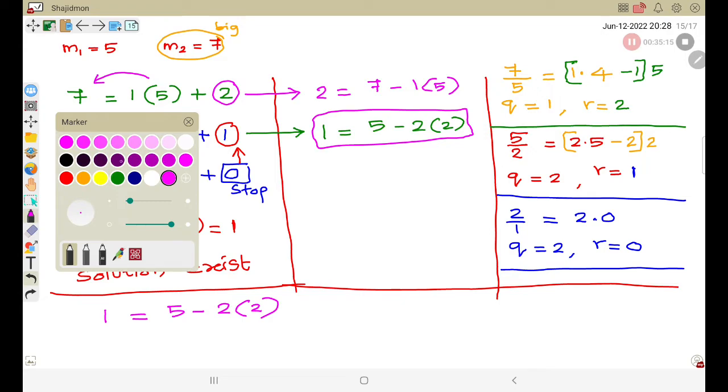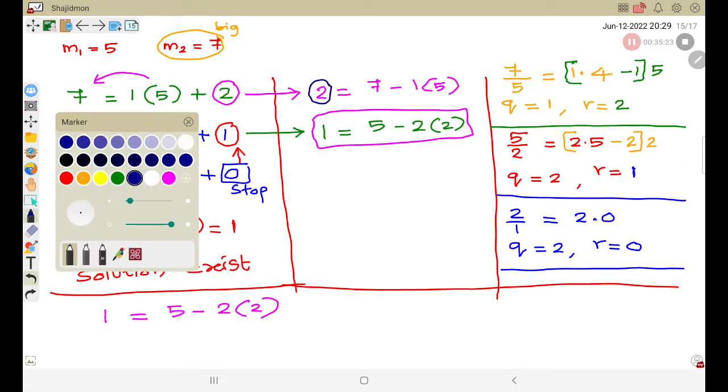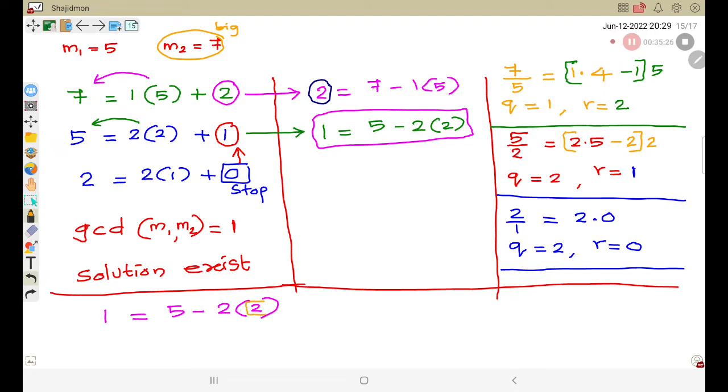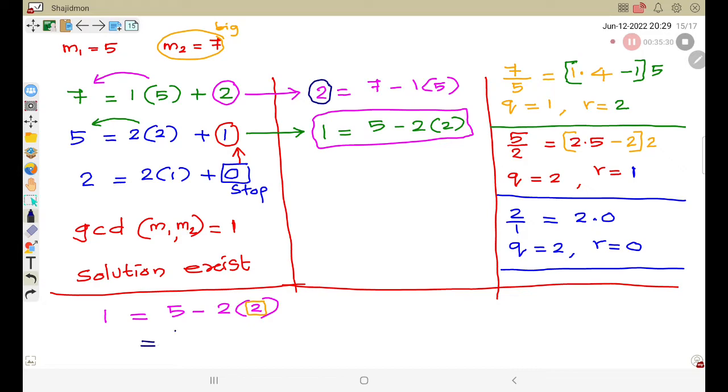Last step it was only one step, so we got it easily. Now we need to change this 2 number, correct? This 2 number we need to change, as we discussed in last section. So what we got equal to 5 minus 2 multiply 2 means 7 minus 1 multiply 5.